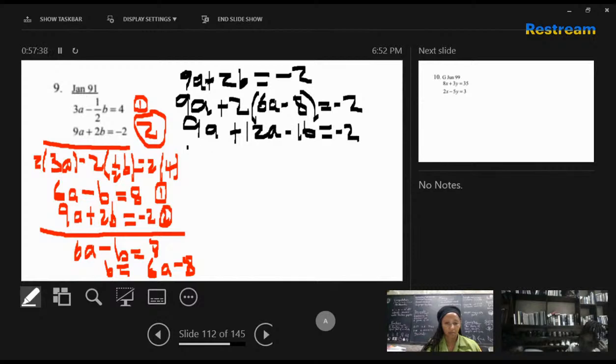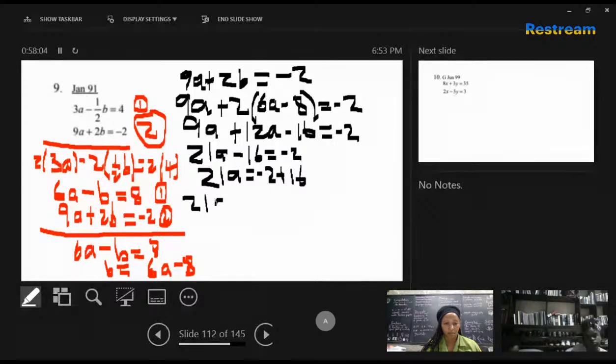So that would be 21a minus 16 equals negative 2. And that would be 21a equals negative 2 plus 16, which is 14. So 21a equals 14.